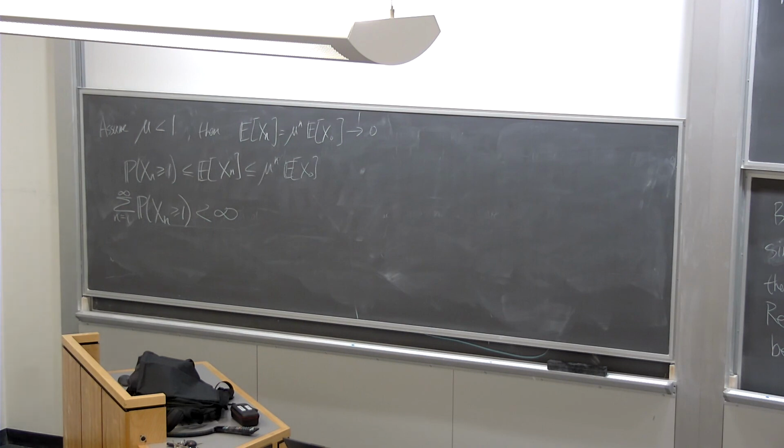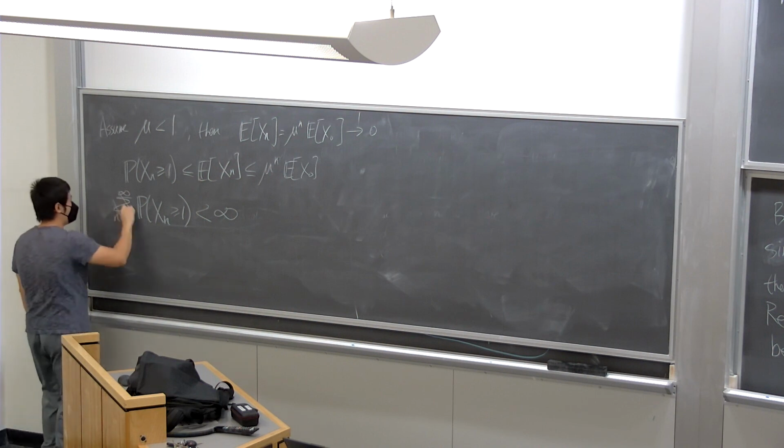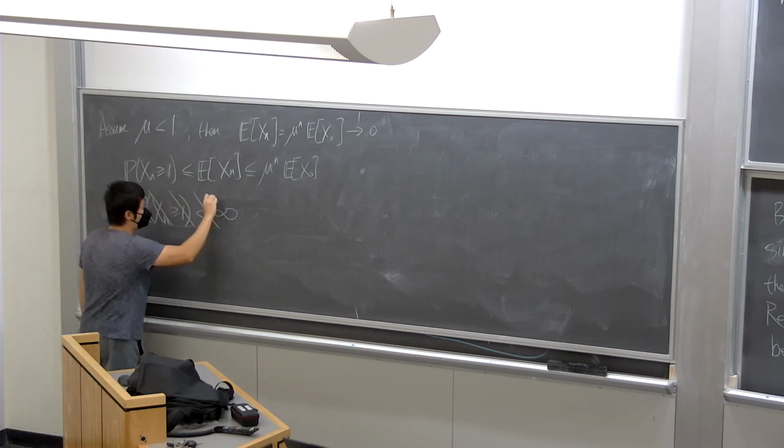There should be a well-known theorem, maybe from your previous probability or analysis class. It's called the Borel-Cantelli lemma. Do you know it? Okay, maybe not from this. Then ignore this.